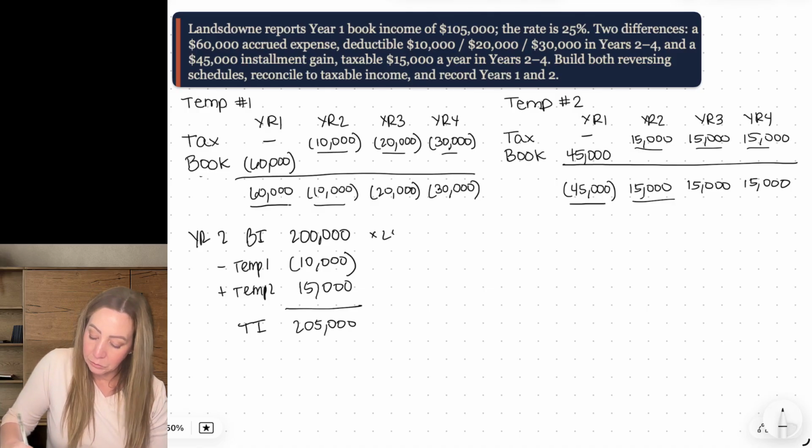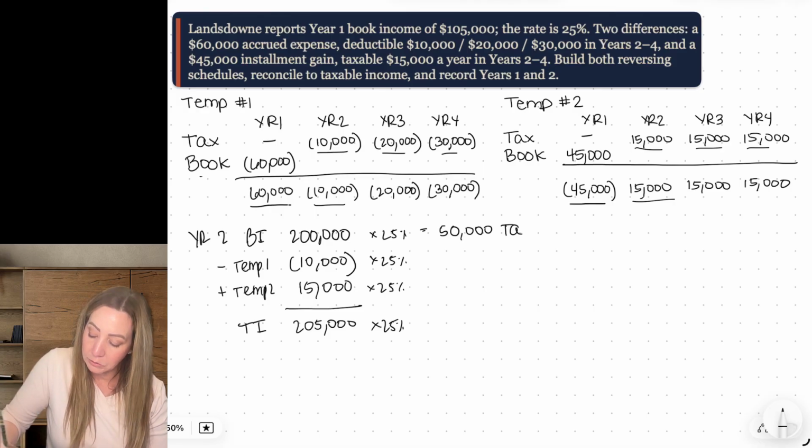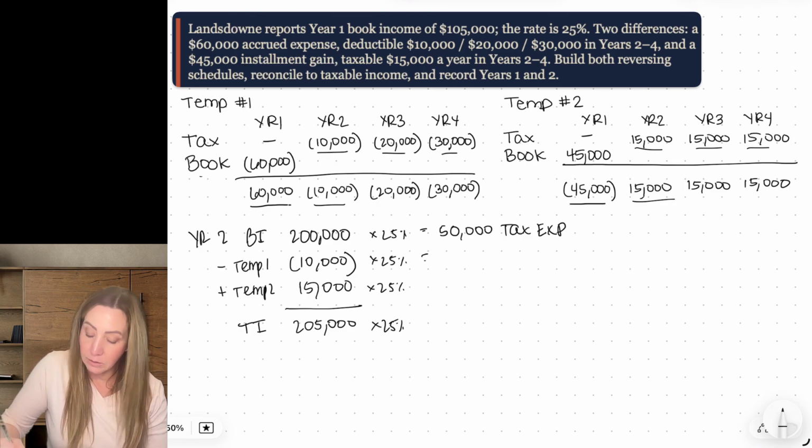Then I simply need to apply my tax rate of 25% to each of these items in order to get my journal entry for the year. But I want you to pay attention to one thing here, and that is that although I'm calculating $50,000 for tax expense here, and I am calculating $10,000 times 25%, so $2,500, this is for my DTA. I want you to notice that this is the reversal of my DTA.